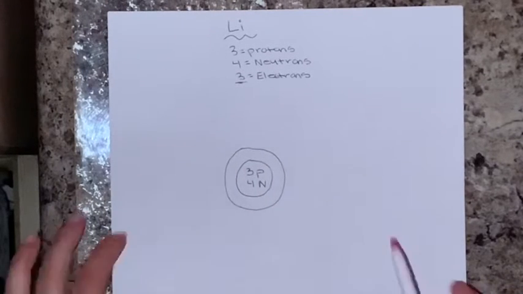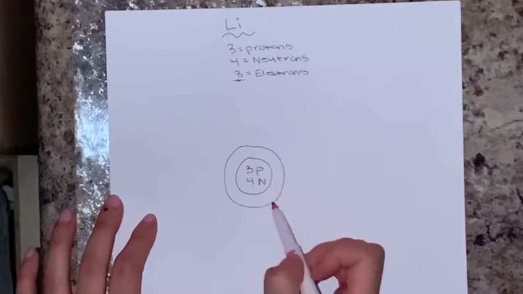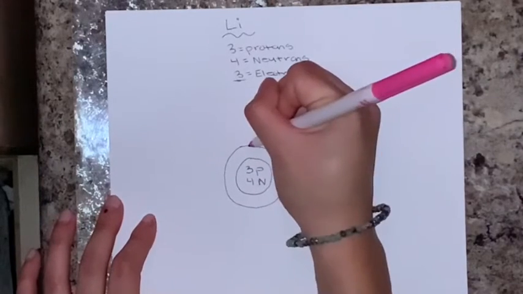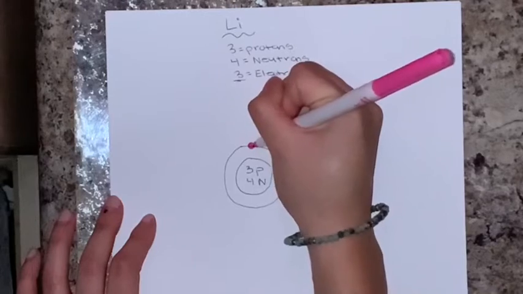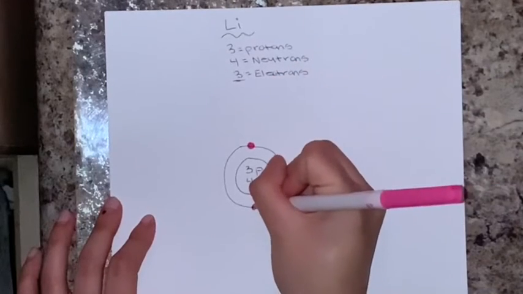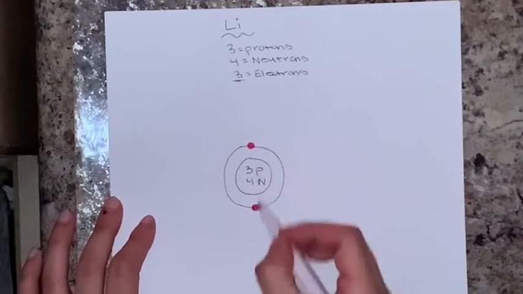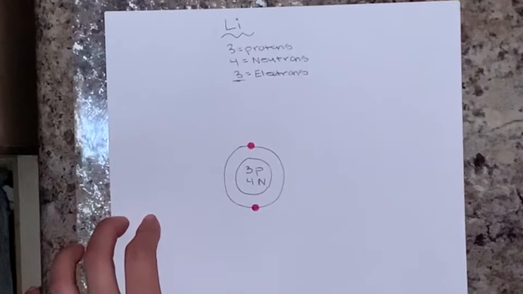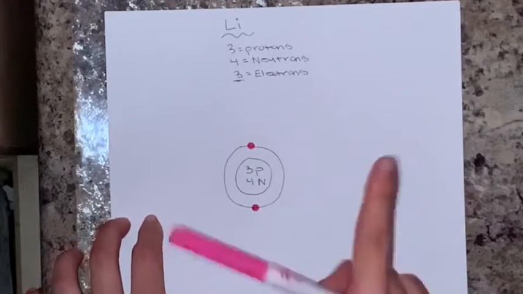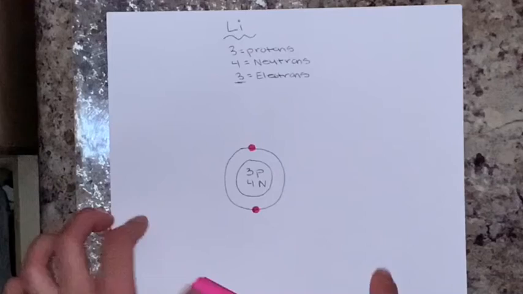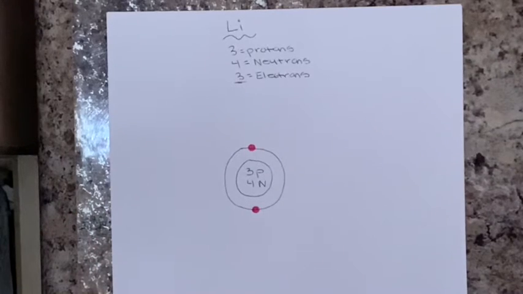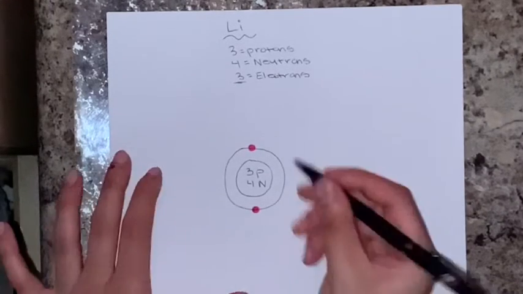They're not going to be next to each other. They always have to be across, not next to each other. So we're going to put 1 on the top and 1 in the bottom, across from each other.